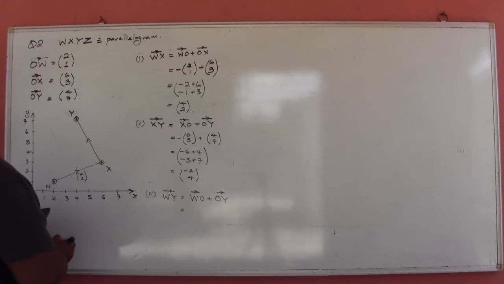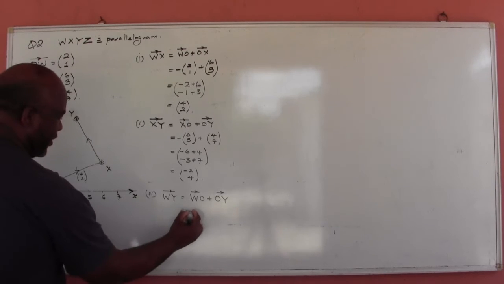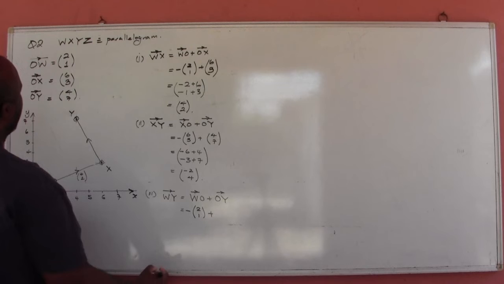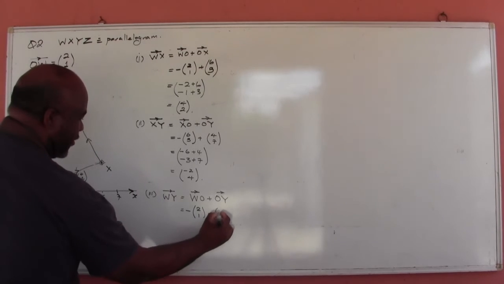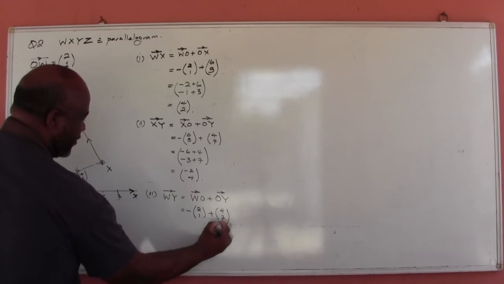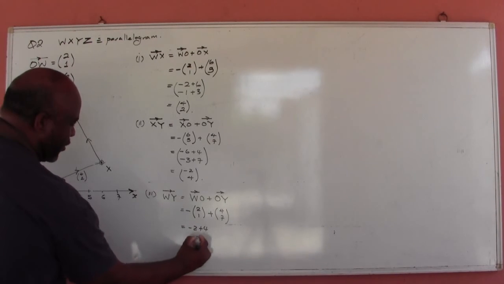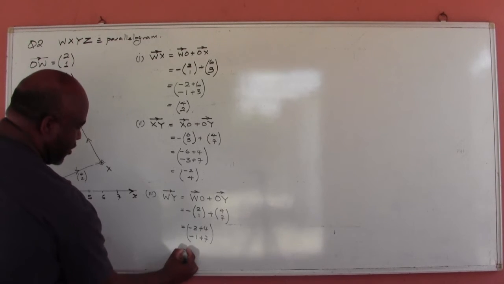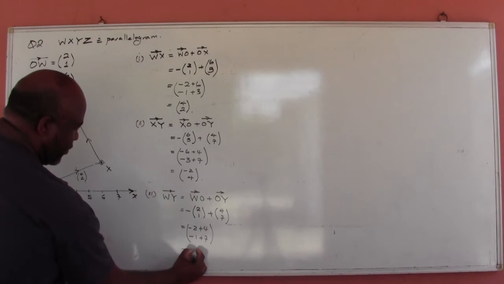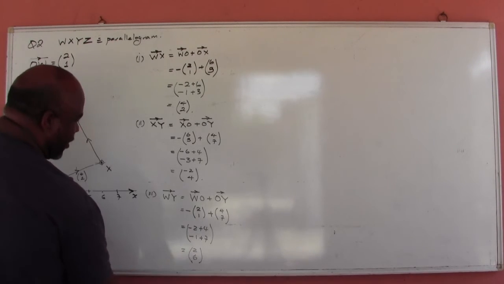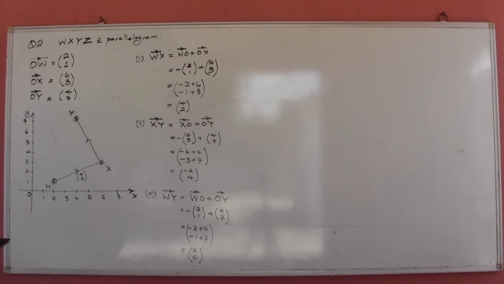OW is (2, 1), so WO is (-2, -1). You're going in the opposite direction, plus OY, which is (4, 7). So this becomes -2 plus 4, -1 plus 7. So this is (2, 6). That is WY.